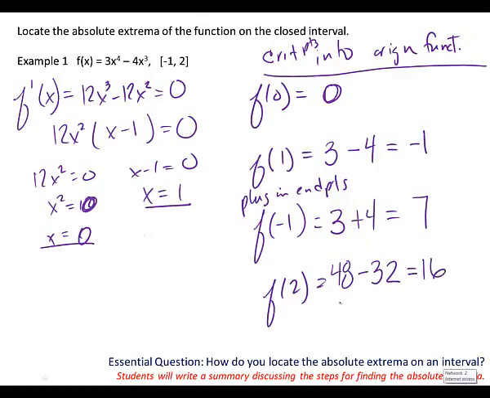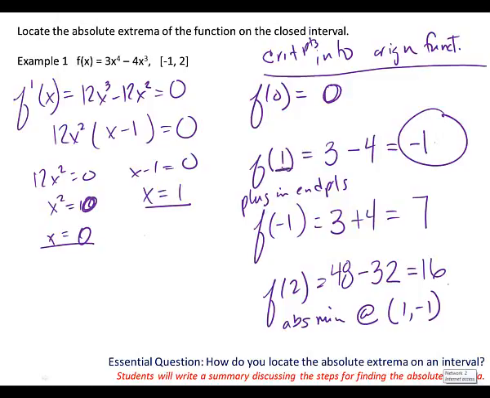16. So now what you're going to do is we have to find the exact value of the max and the min, okay, for the absolute max and the absolute min. So you're going to look at these 4 numbers. Which one of those is the smallest? -1 is the smallest. So my absolute min is at 1, -1, and you're going to list the point.